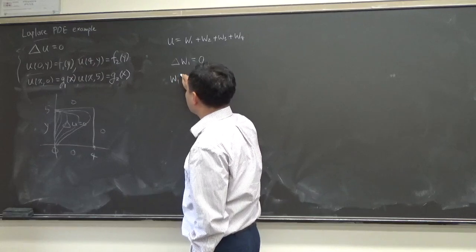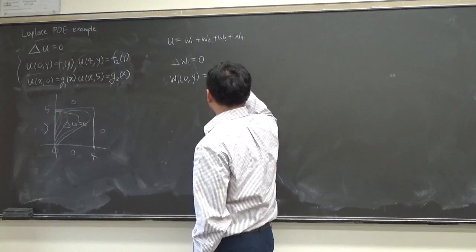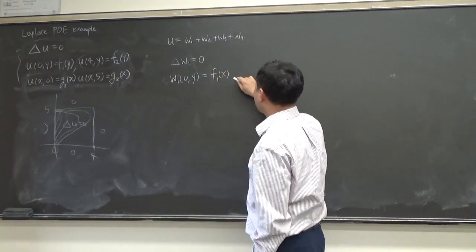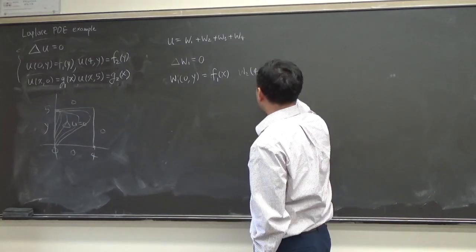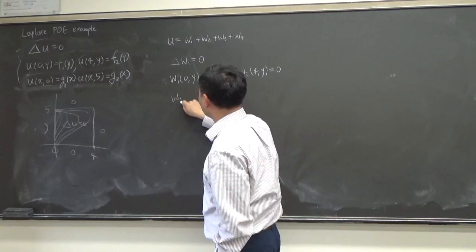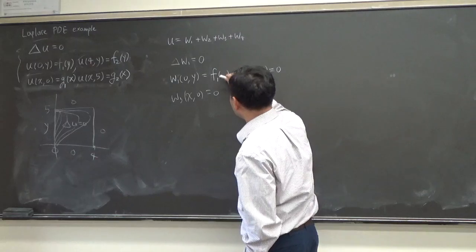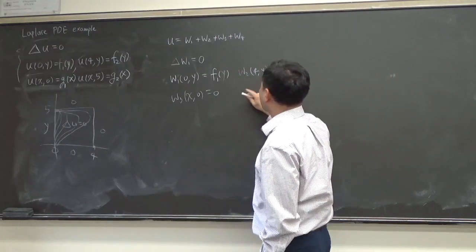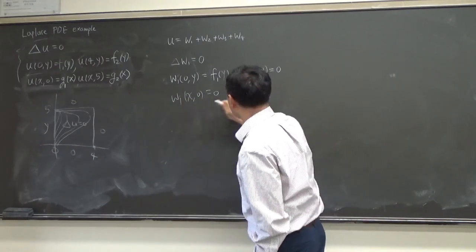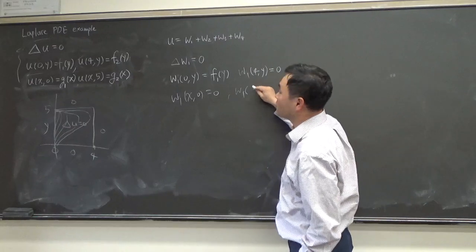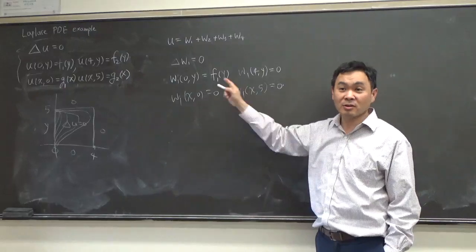But w1 will only agree with u for (0, y). For the other sides, w1 of (4, y) will be 0, w1 of (x, 0) will be 0, and w1 of (x, 5) would be 0. You can definitely solve this, right?